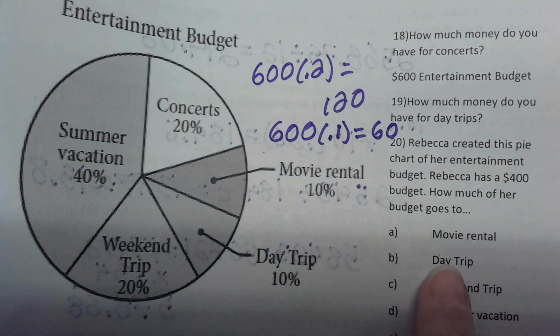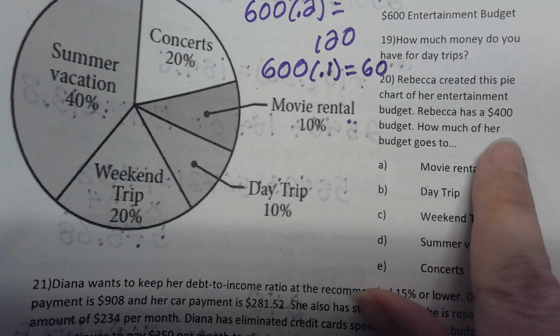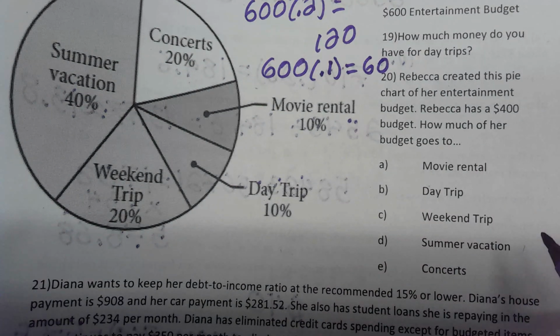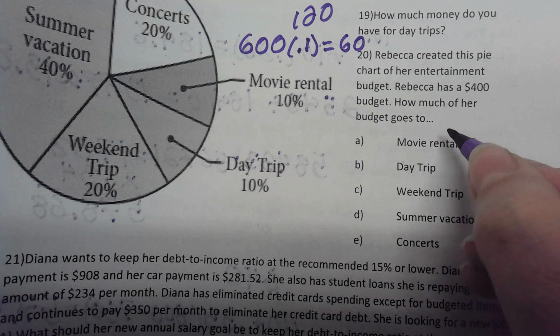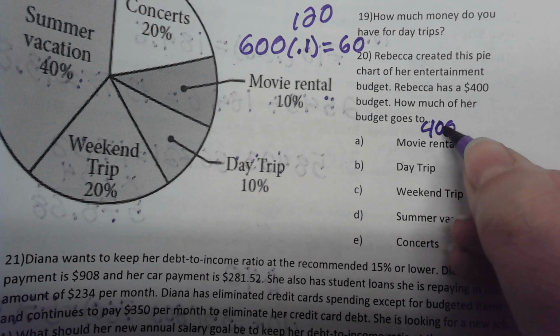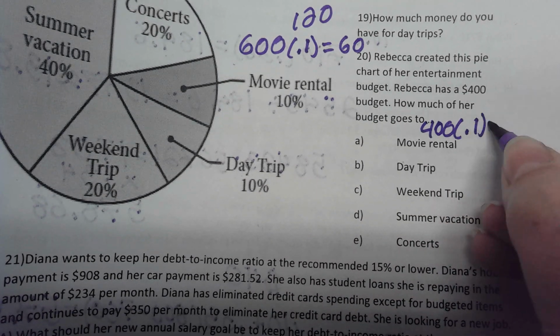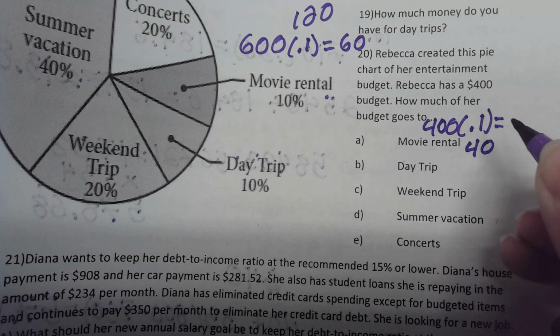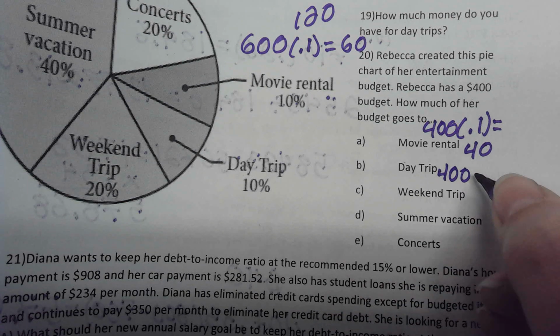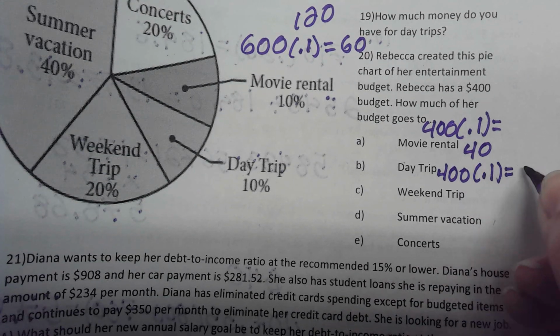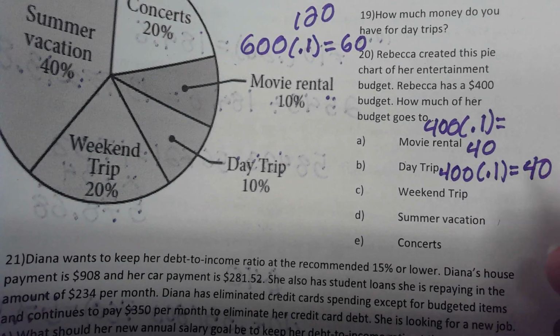Okay. Rebecca created her own budget. She has $400. So for movie rentals, she does 10%. So she's going to Redbox. So $40. Day trips, she also does 10%. So it's going to be another $40.